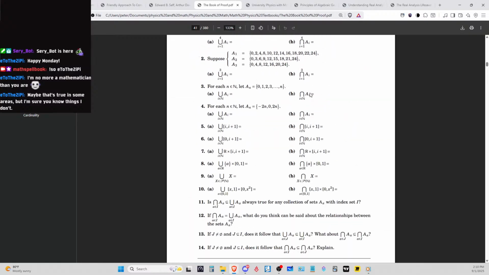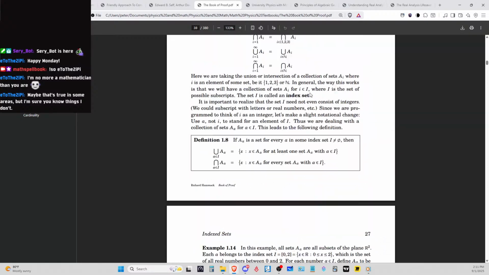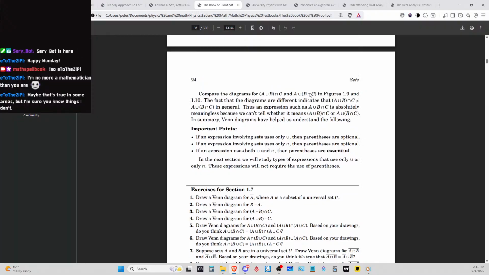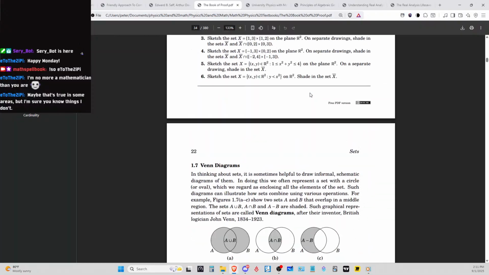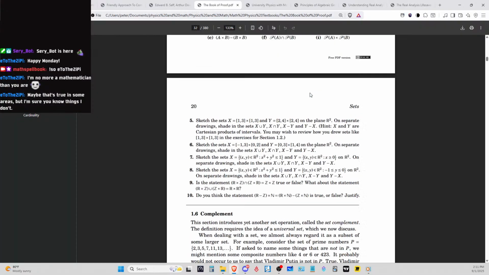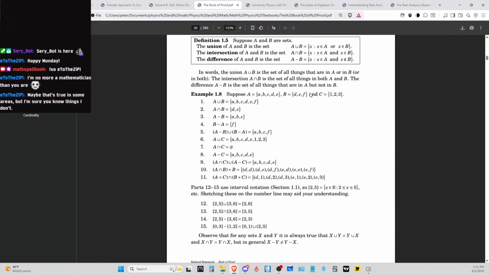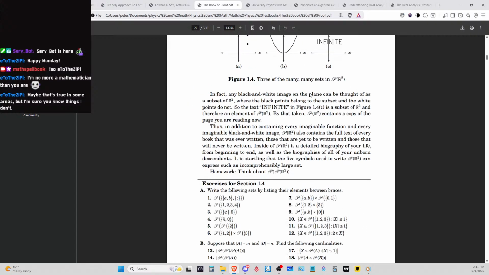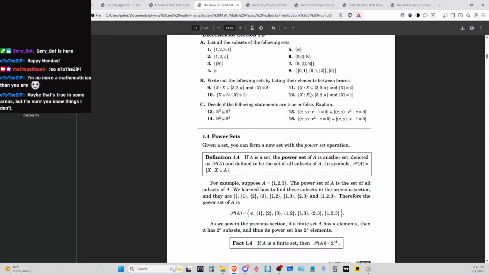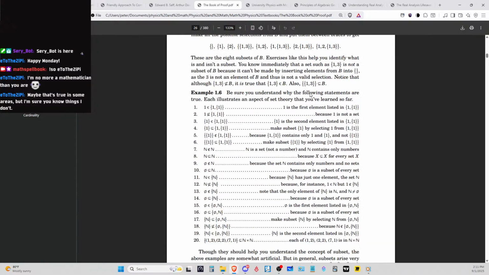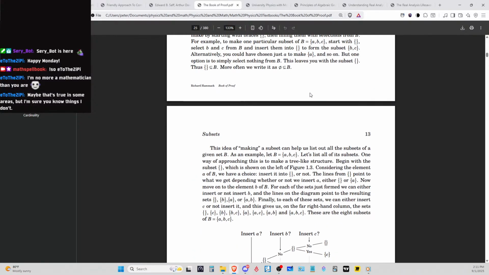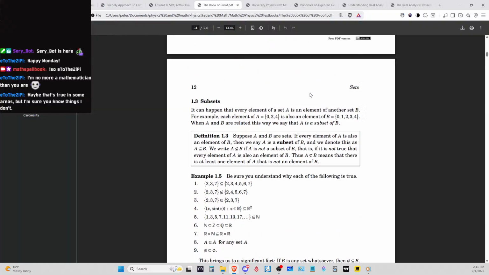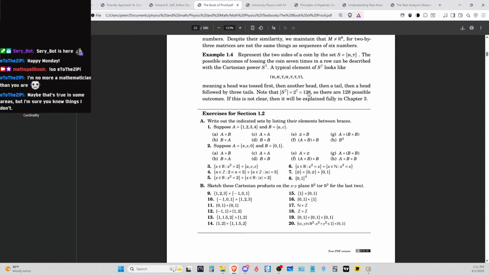Ooh, the division algorithm. Where's the complement? I know I could do the simple way where I just search for the word, but I feel like I'm enjoying the rummaging through this a little bit more. Okay, we got empty set, subset.